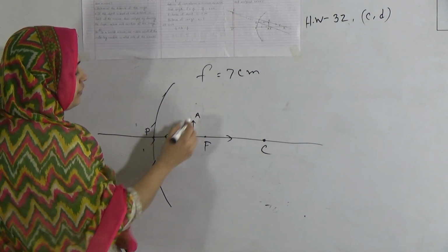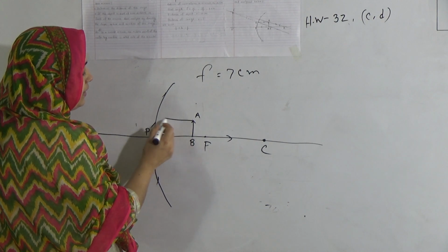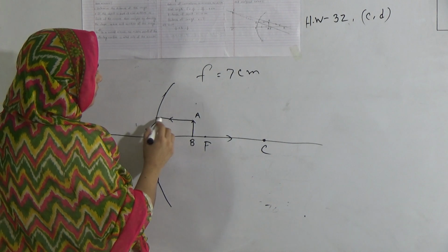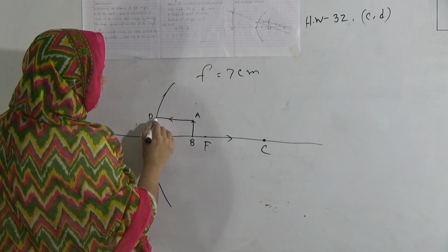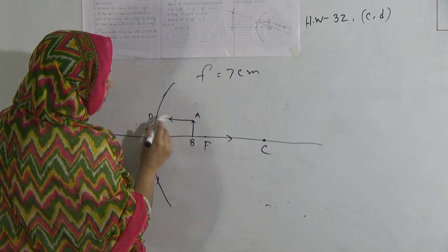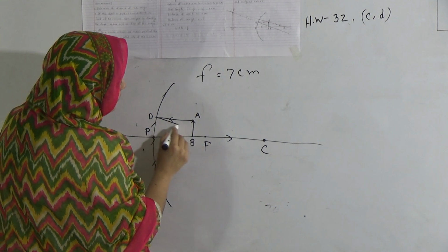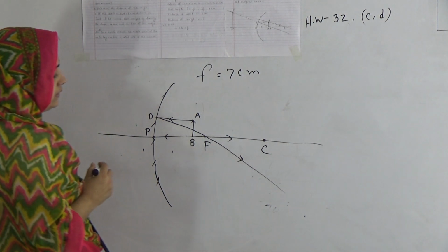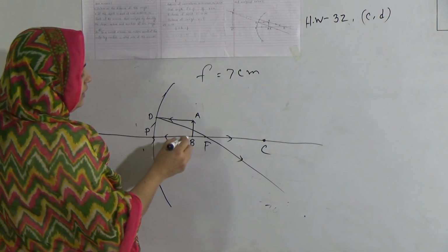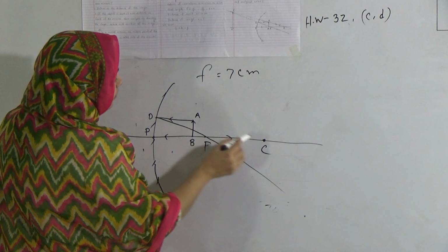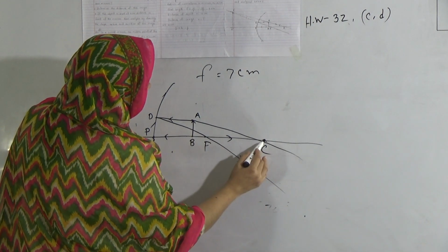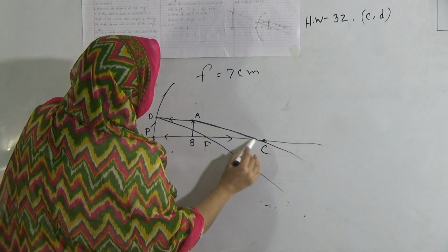Then the next ray coming from point A will be parallel to the principal axis on the mirror, and after reflection it will go through the focal point, like this way. Then another light ray coming from the center of the mirror.